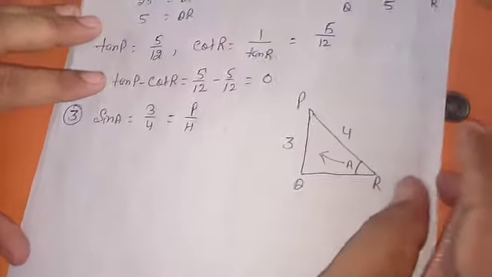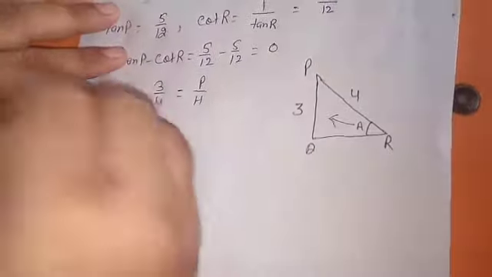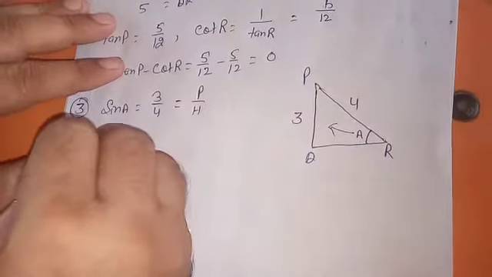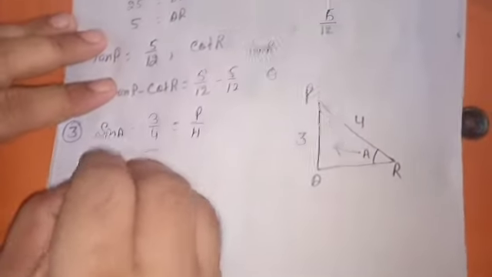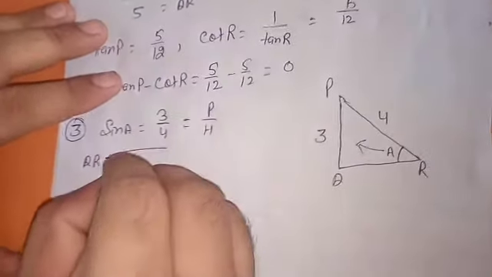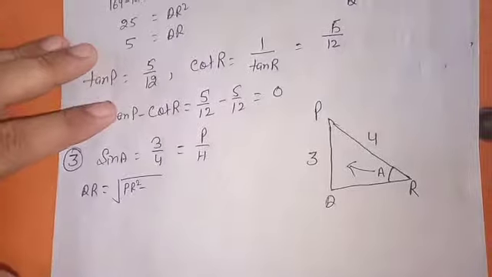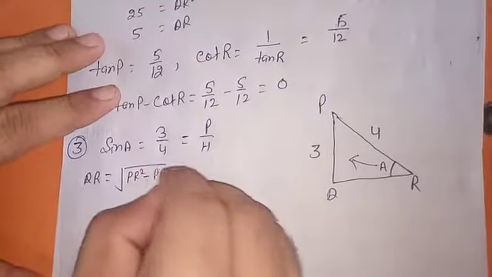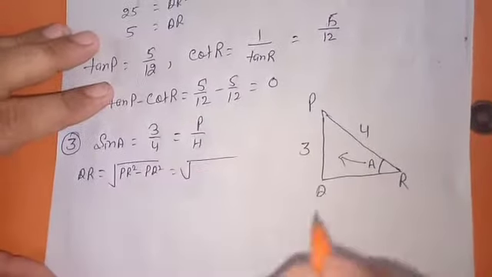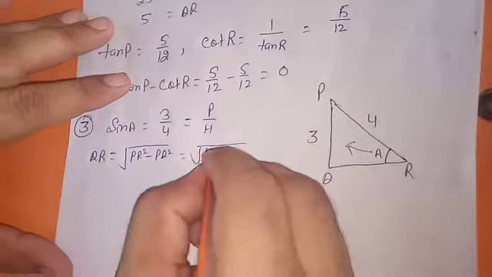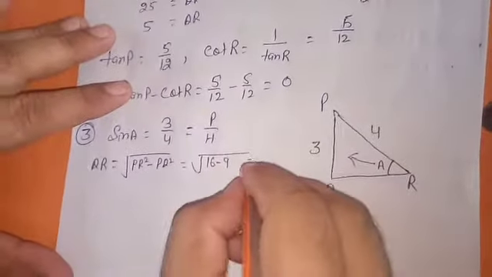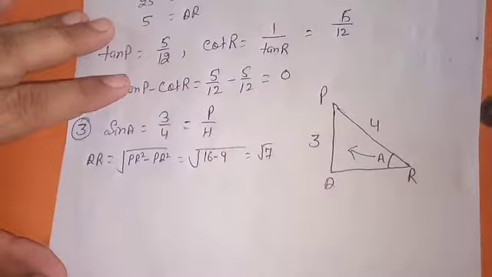So what do you have to find out? This QR is equal to the root of PR square minus PQ square, which is 16 minus 9, equal to 7, so root 7.